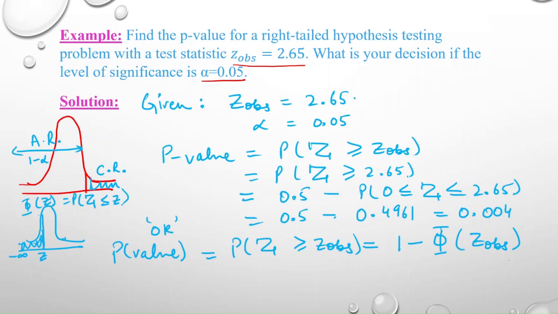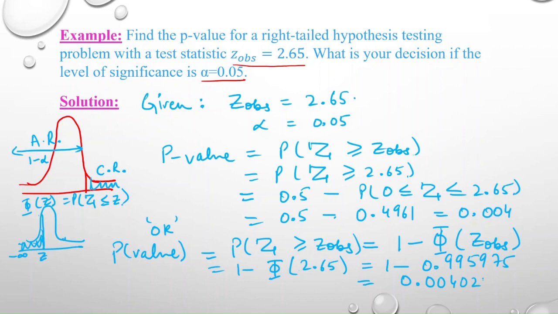If you calculate it using the table of phi, 1 minus phi hat of Z observed, which is 2.65, again we'll get the same value. It's coming out to be approximately 0.004025.